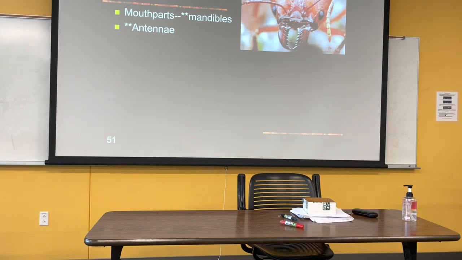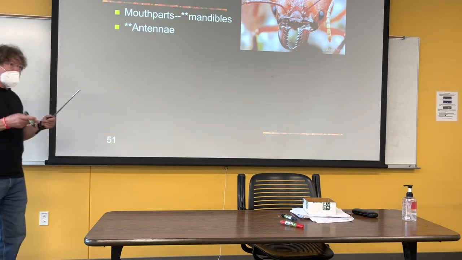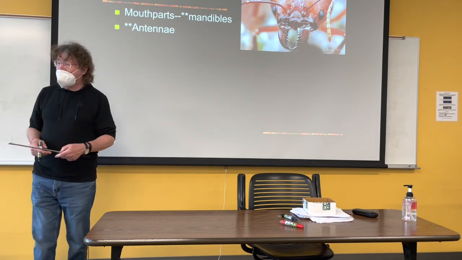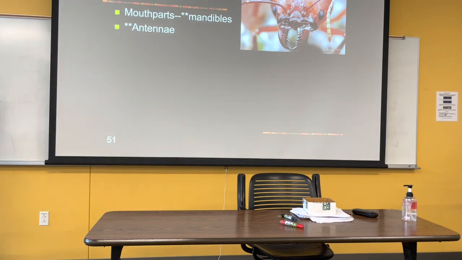And right behind them is another pair of jaws called maxillae. And maxillae are still used to manipulate the food, hold it while the mandibles can crush it in many cases. These are very leg-like, but they're not legs.